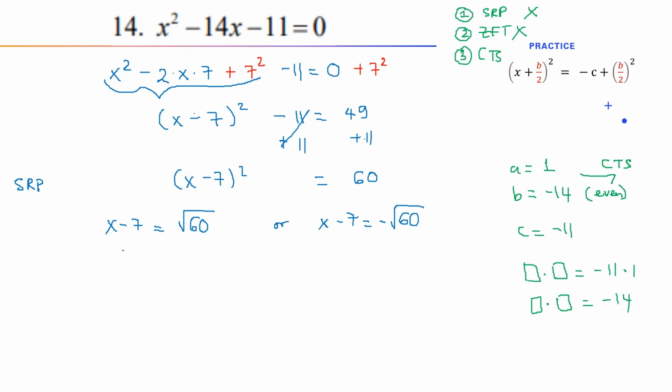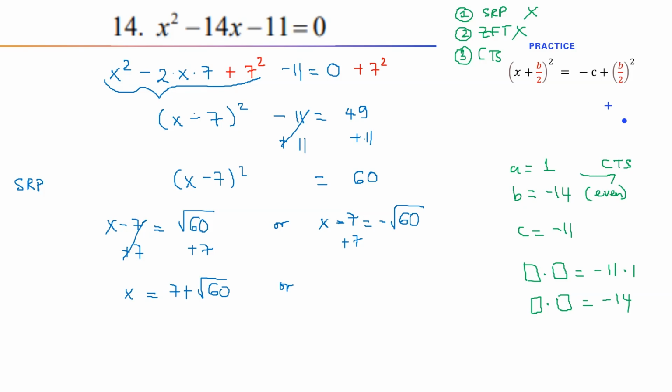Alright, the first one, we add 7 to both sides. That cancels out. x equals 7 plus square root of 60. Or for x minus 7 equal negative square root of 60, we add 7 to both sides, making sure it's the same weight, 7, but opposite side.